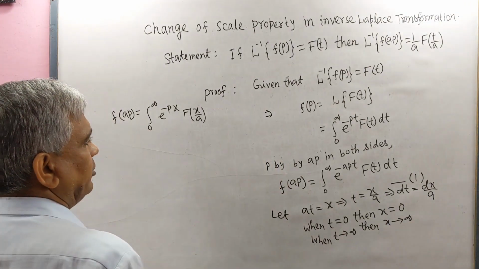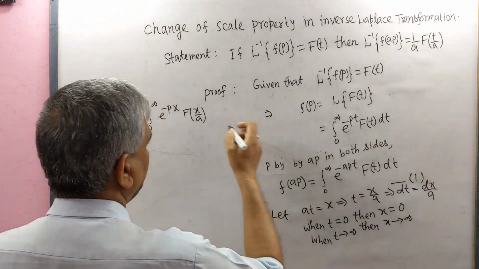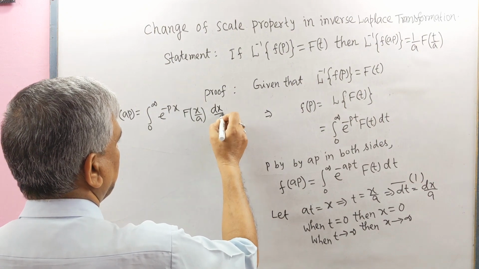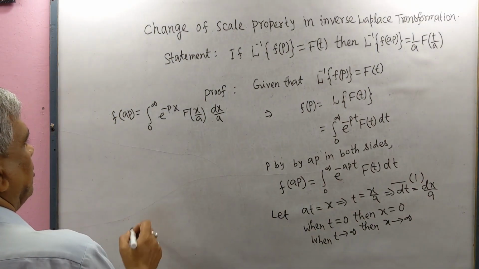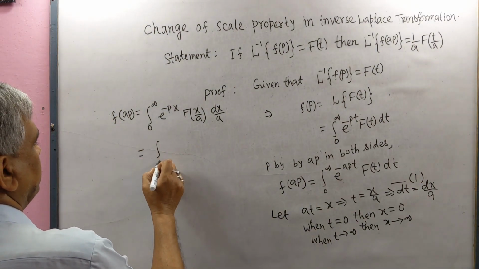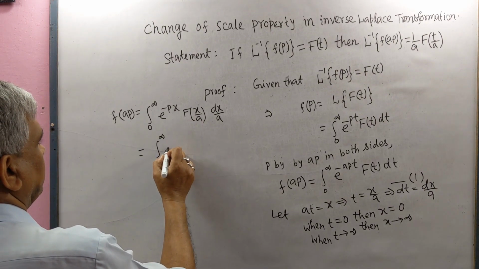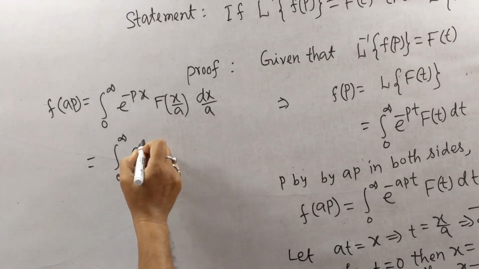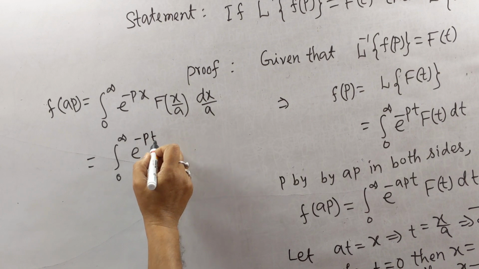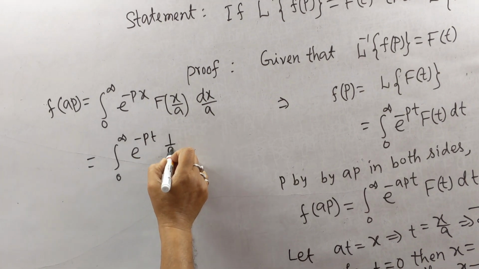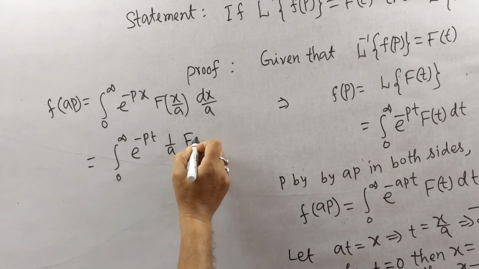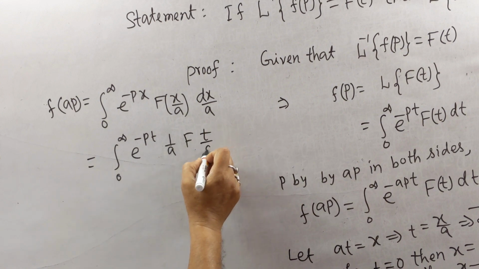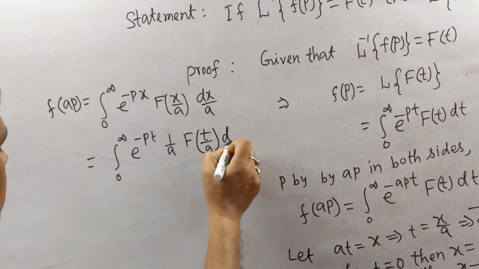So in place of dt we write dx by a, equal to integral from 0 to infinity e to the power minus pt 1 by a f(t by a) dt.